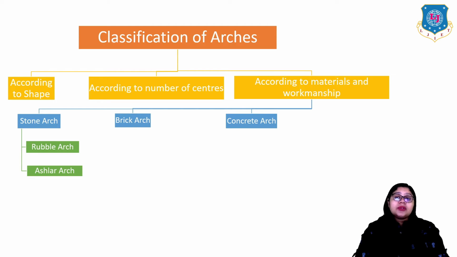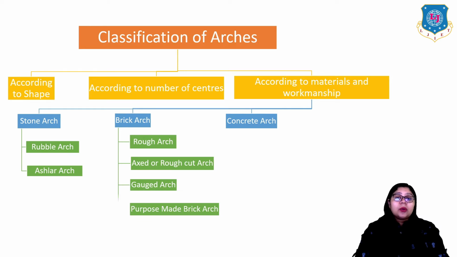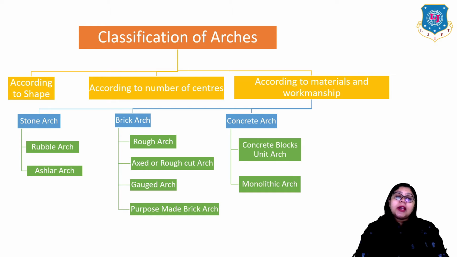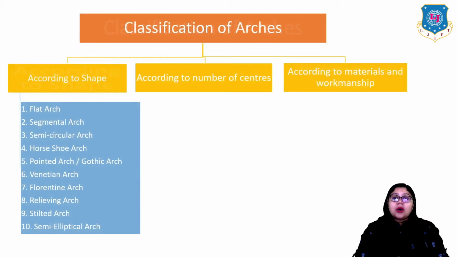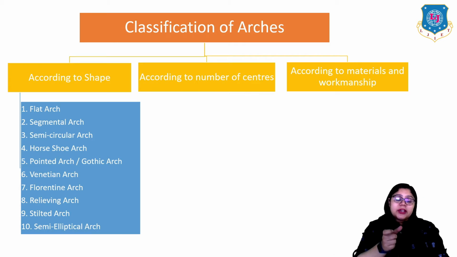The stone arch can be rubble arch and the ashlar arch. The brick one is the rough arch, rough cut arch, or we can say the gauge arch and the purpose made brick arch. And lastly, the concrete arch can be concrete blocks, unit arch and the monolithic arch. So let us start to understand all these according to shape first.